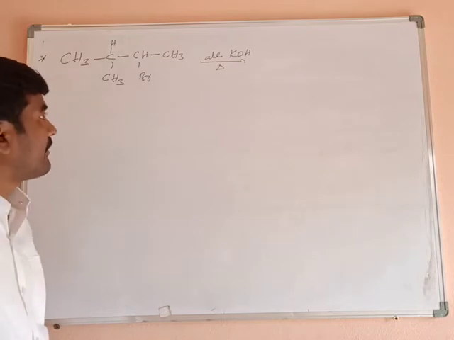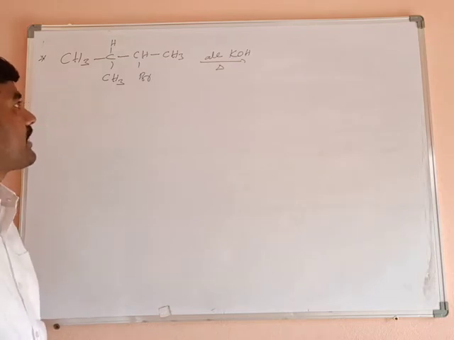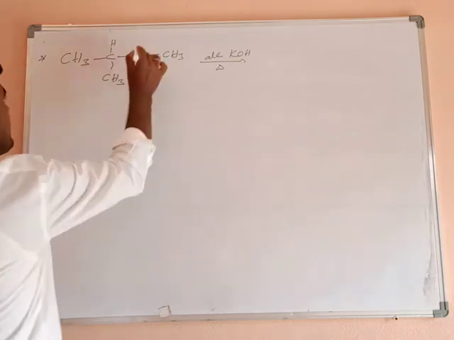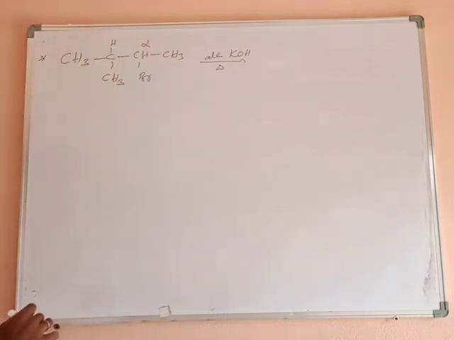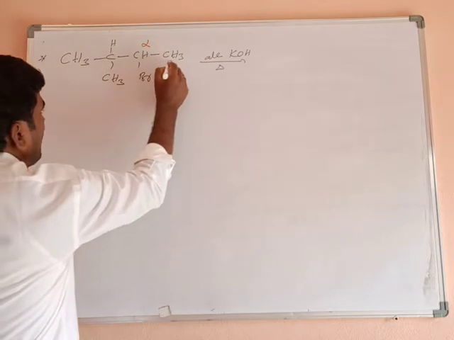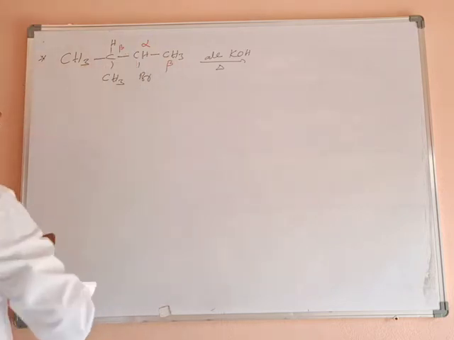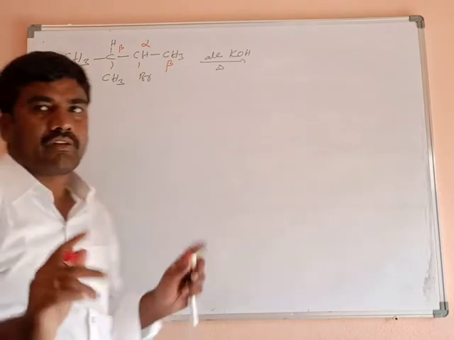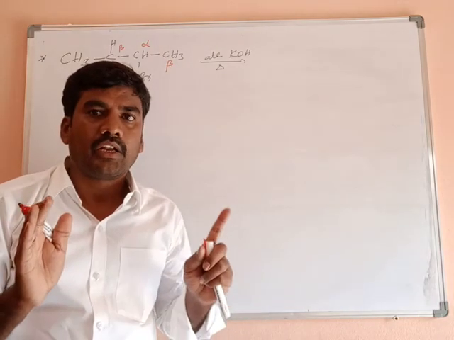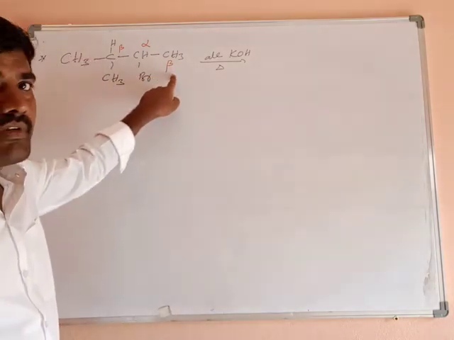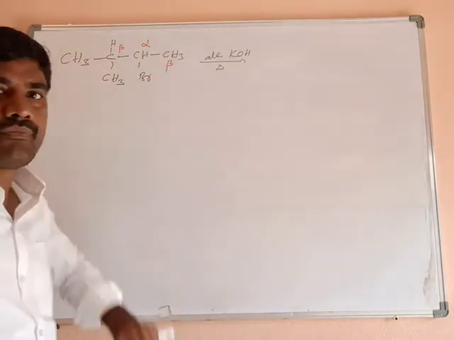Clear? When it is heated with alcoholic potassium hydroxide, halogen is eliminated from the alpha position. This is the alpha position, the alpha carbon. And adjacent to the alpha position is the beta carbon, and this is also a beta carbon. Two beta positions are there. Now elimination of hydrogen takes place from both sides, from the right side and the left side.